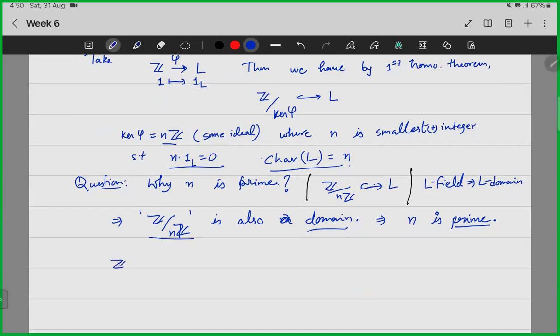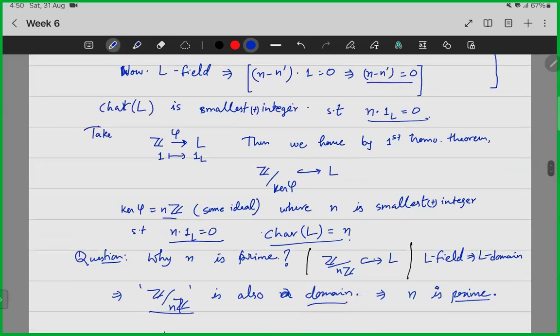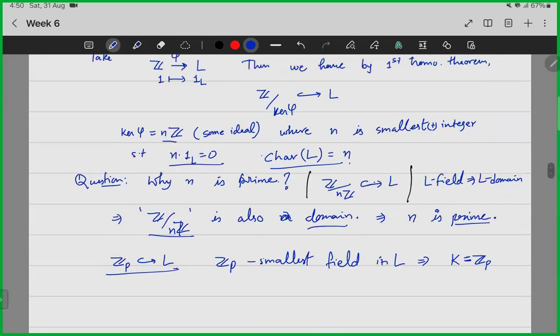So this is Z_P sitting in L. So the prime field K is Z_P, the smallest field in L. This implies K is equal to Z_P. This is the prime field inside L.